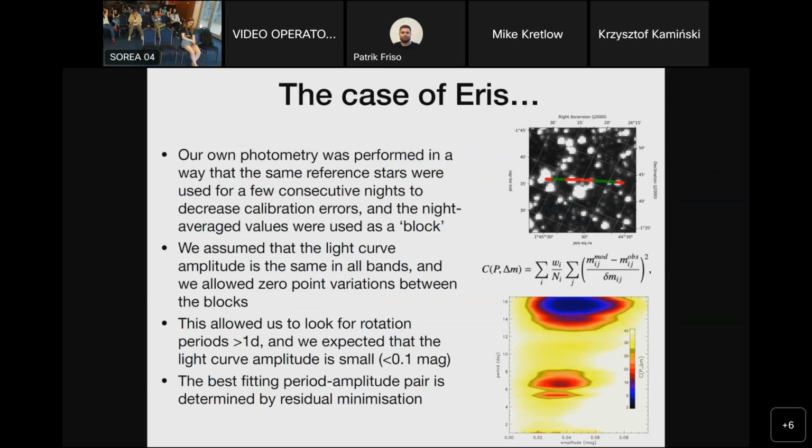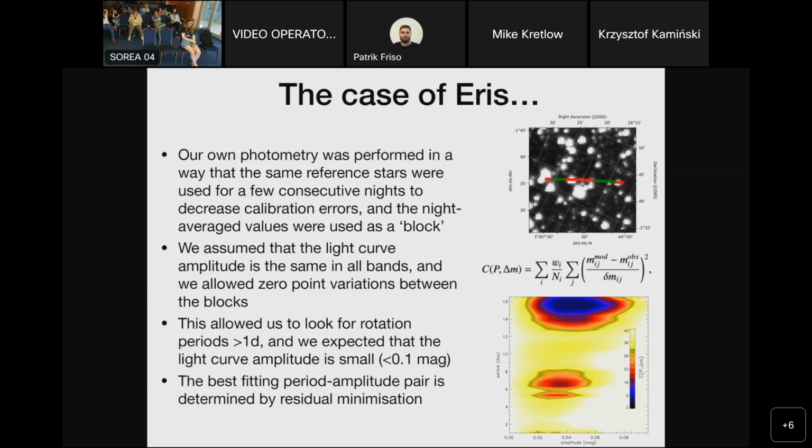It's a calibration problem. So we allowed this as a free parameter, and we looked for rotation periods longer than 1 day, and we expected that the light curve amplitude is small because we did not really see large variations.